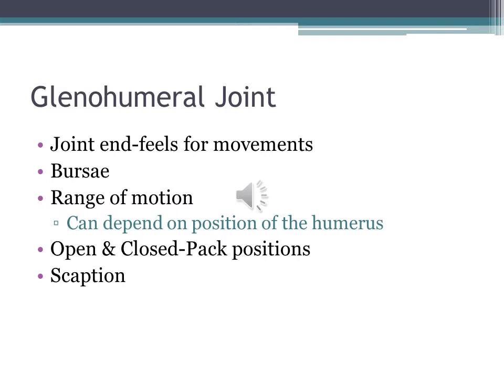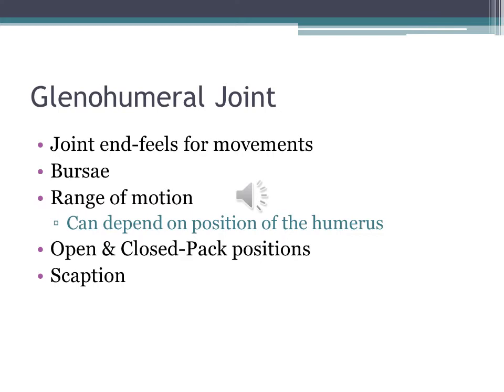So that's going to be the position where you get the most amount of mobility at the glenohumeral joint. The closed packed position is full abduction and lateral rotation. So full abduction and lateral rotation is when all those soft tissue structures will be wound rather tight and you'll have your least amount of arthrokinematic motion.